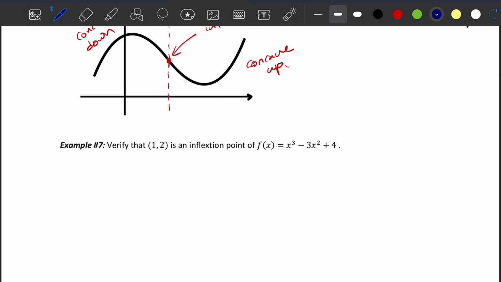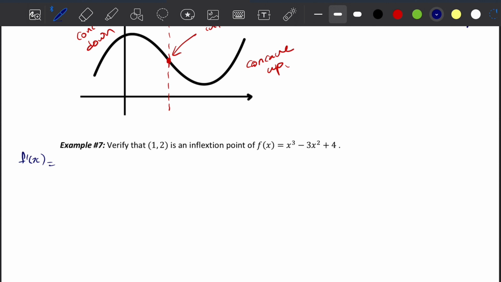Okay, then let's try example number 7. We need to verify that (1, 2) is an inflection point of f of x equals x cubed minus 3x squared plus 4, right? Let's try to identify all the turning points of this function, okay? To do that, I'm going to find the first derivative.